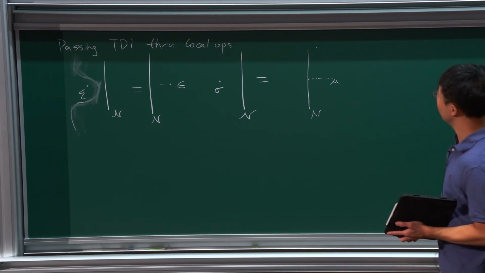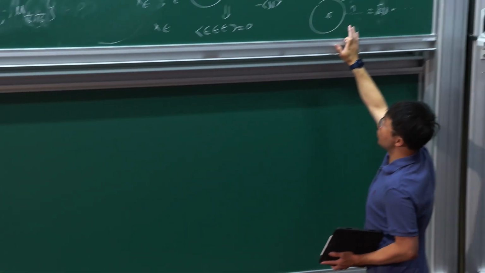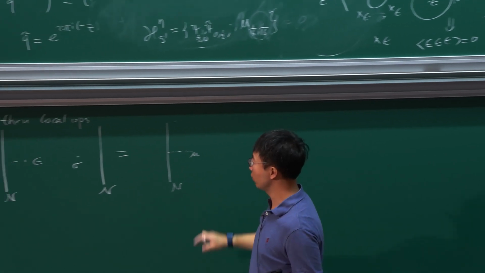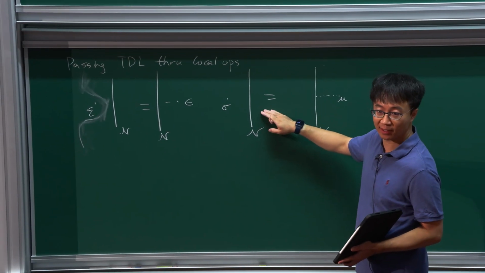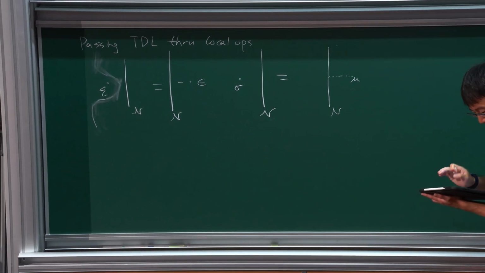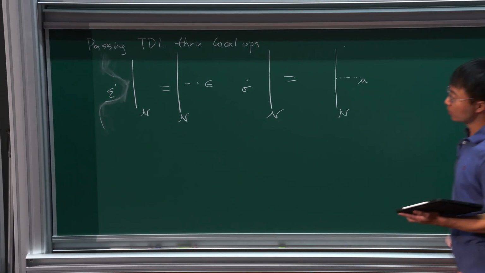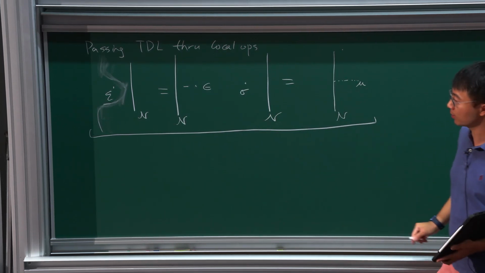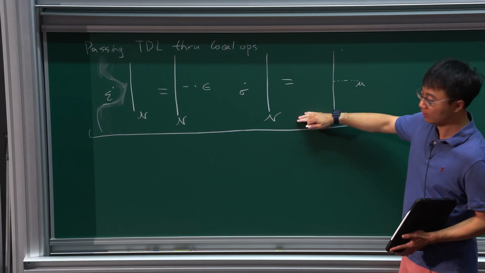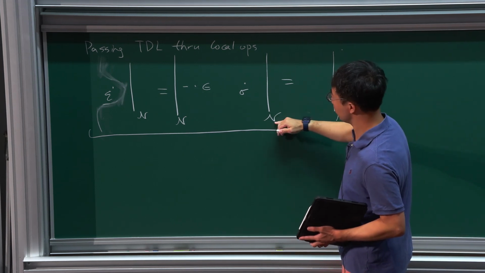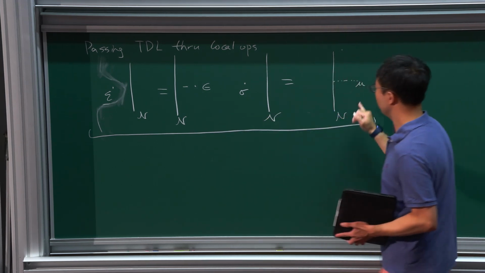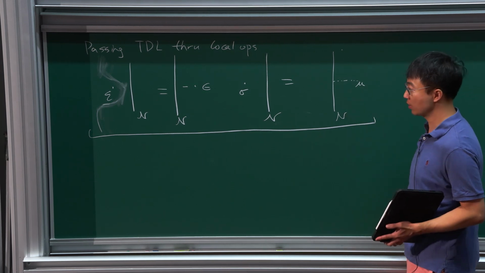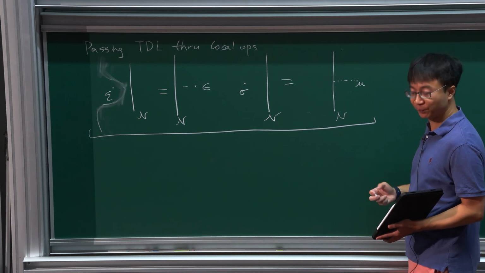Or said differently, the square root of 2 that you obtain from the circle gets cancelled by the 1 over square root of 2 that appears in the F symbol when you try to get the right-hand side from the left-hand side by fusion. All right. So this property is again a hallmark of a non-invertible symmetry, in the sense that when you pass the symmetry defect across a local operator, a slightly non-local operator that's attached to a symmetry defect tags along.